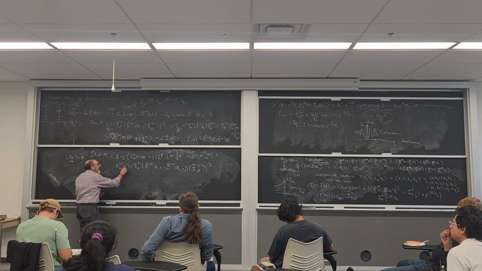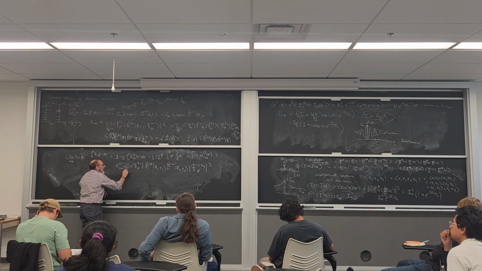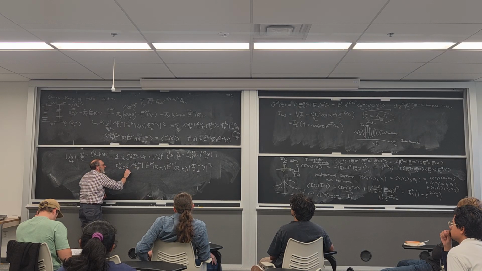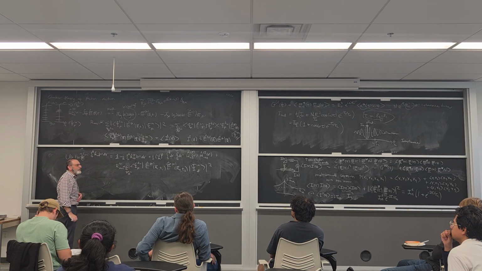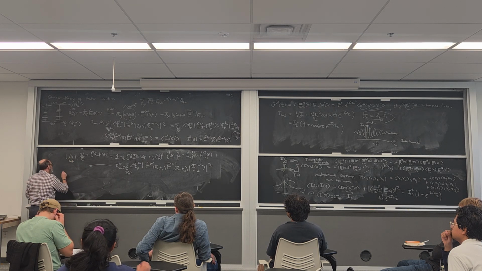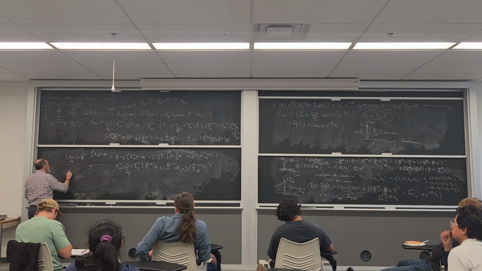And again, I don't measure the field, so I have to sum over all final states of the field. What I then find is that this is proportional to what's called the G2 correlation function.